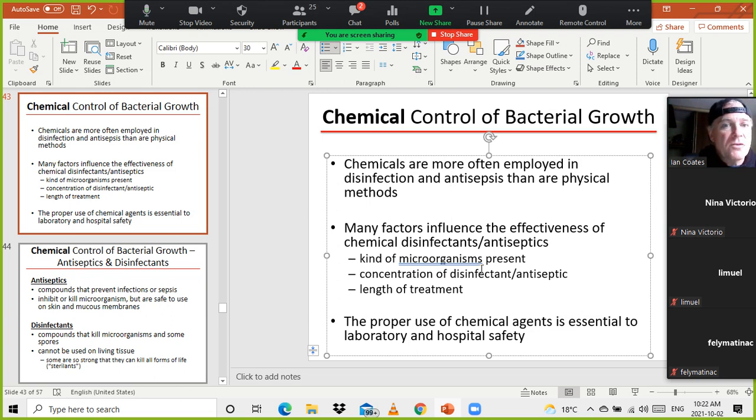So the concentration of your chemical is very important as well. And length of treatment: how long do you have to maintain this? All these different things.